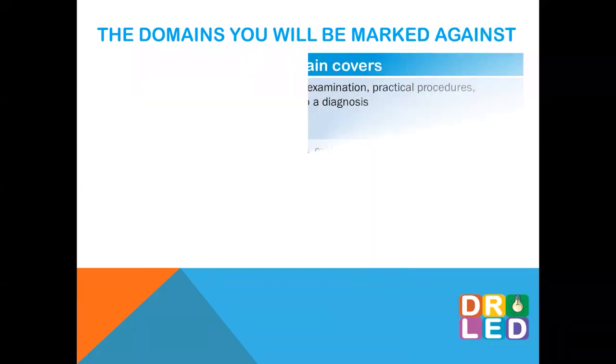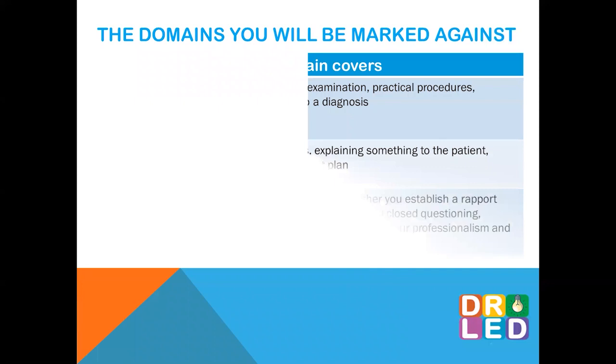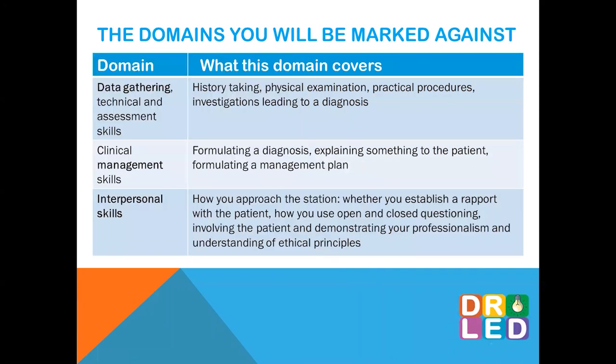Okay, so the domains you will be marked against. In the PLAB 2 exam, you have 3 domains to be marked against, according to the GMC website. The first domain is data gathering, technical and assessment skills.